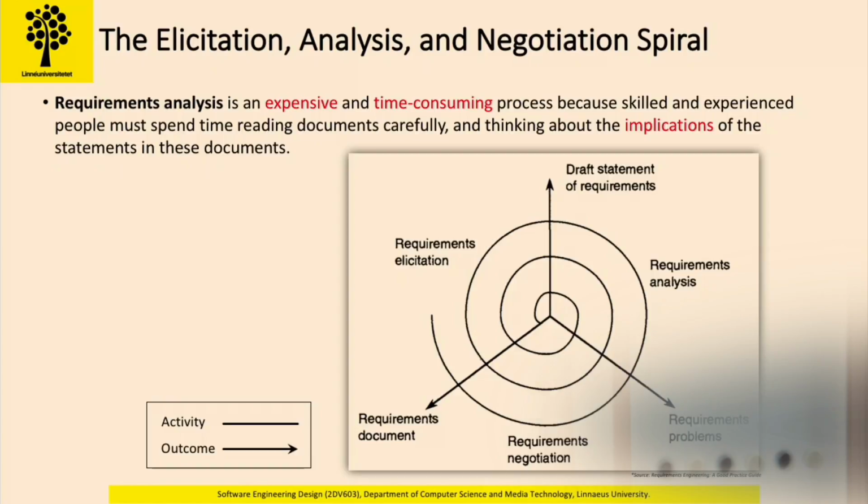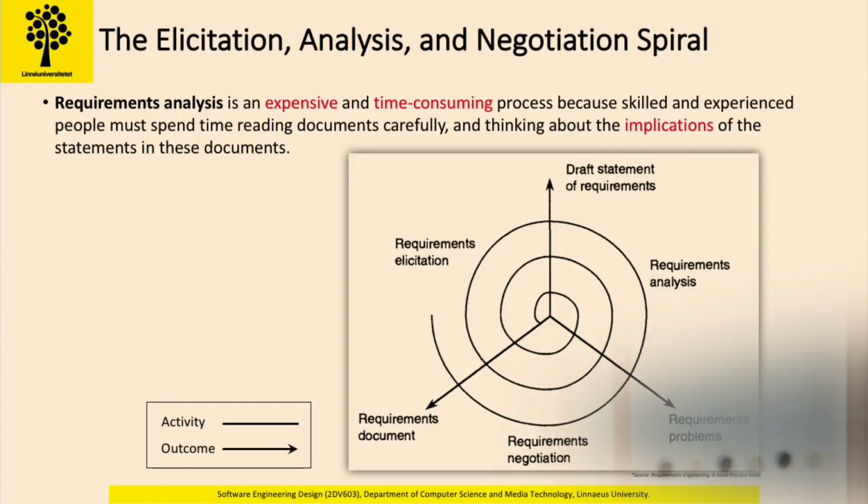You elicit requirements from the stakeholders, you analyze them, and you negotiate with the stakeholders if you find any problems. But there are also 3 dimensions: one is for the requirements problems, then you have the statements of the requirements, and you have the requirements document. The further away from the center, the more mature the requirements document and the requirements statements get.